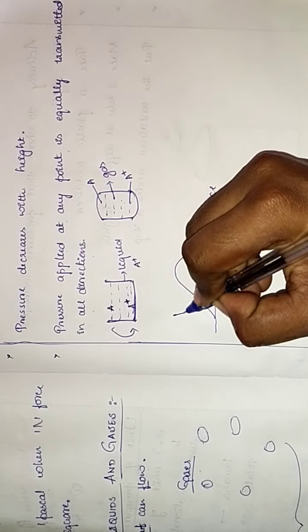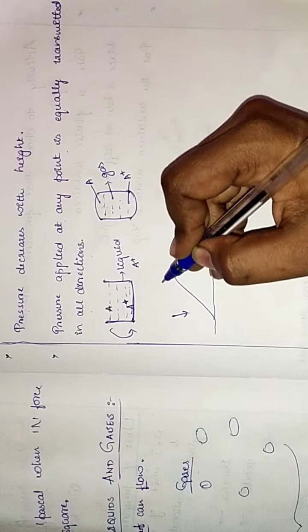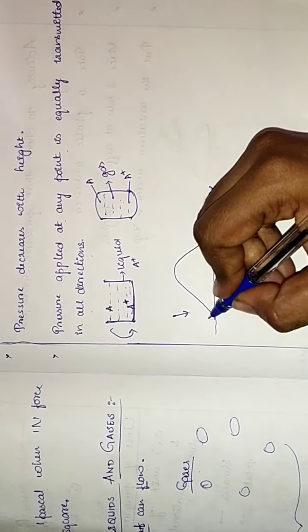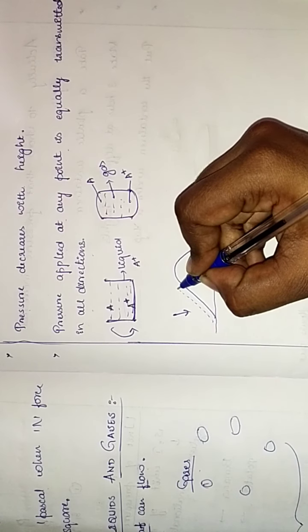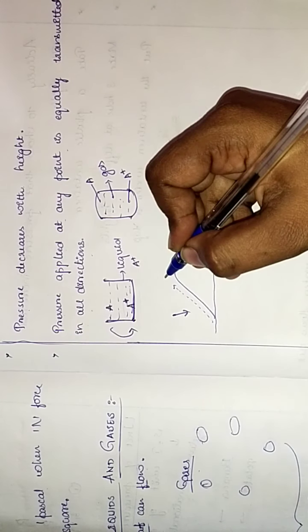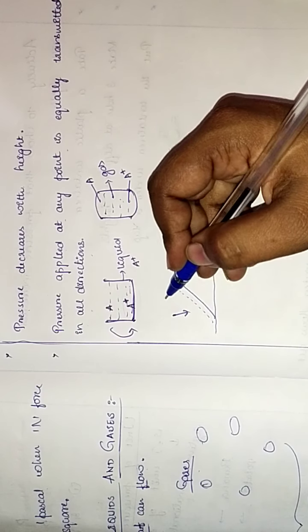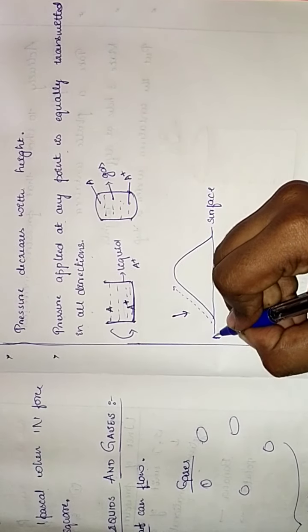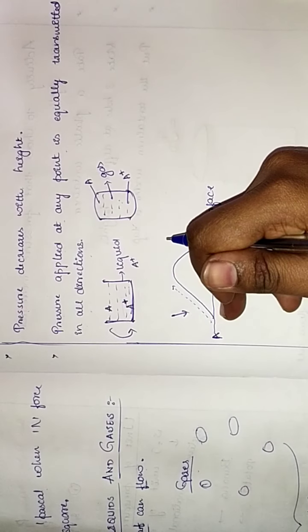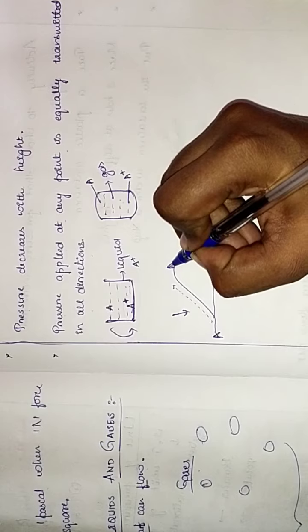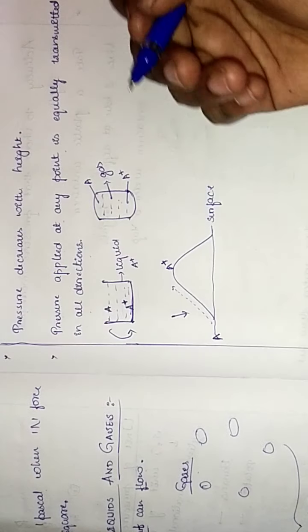When we start climbing the hill, the pressure will be decreasing. Here we can take point A at the surface, and A plus at the top.